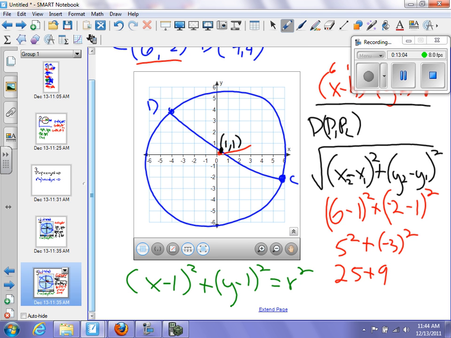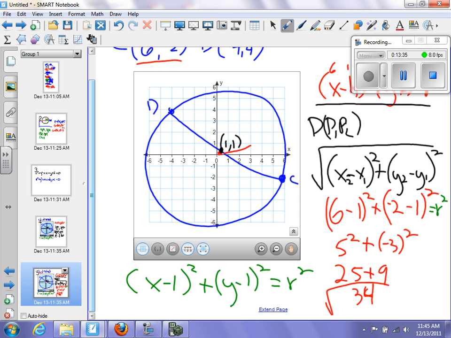But I have to take the square root of it, because that's what my distance formula says. If I had done what Amori said and made the same plug-in here and set it equal to r squared, I would have to take the square root of it anyway to get r. Does that make sense?